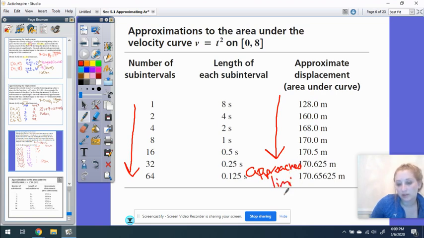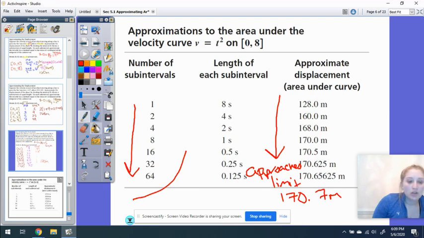And the limit looks like it's about 170.7 or so. Okay. So why does this happen? This happens because when I have a curve like this, the smaller the rectangles that I use, the closer it gets to the real area. Okay, so that's why we're allowed to do this.